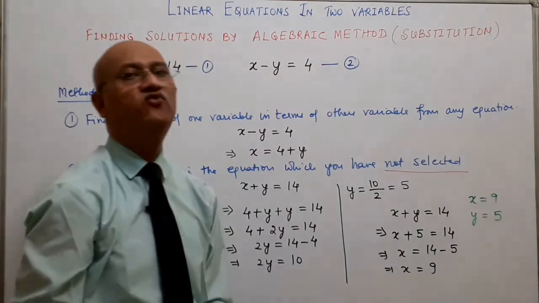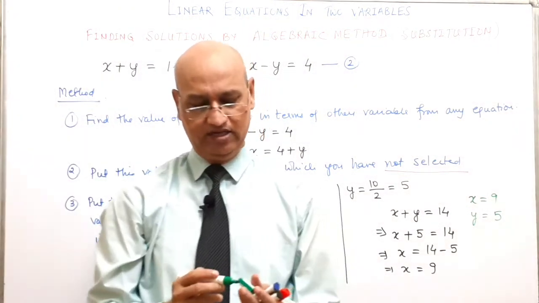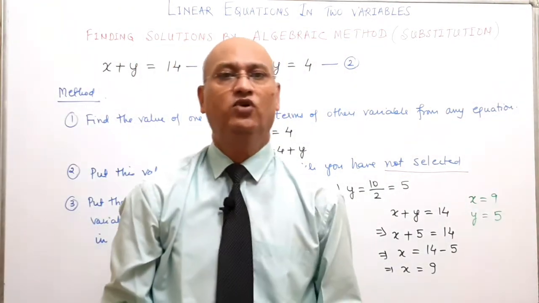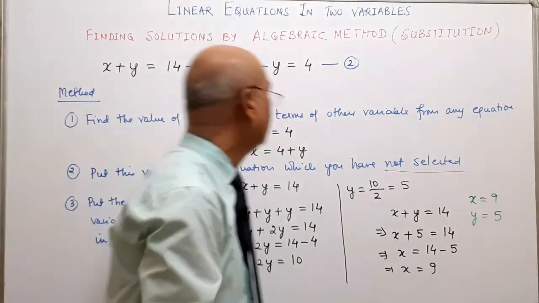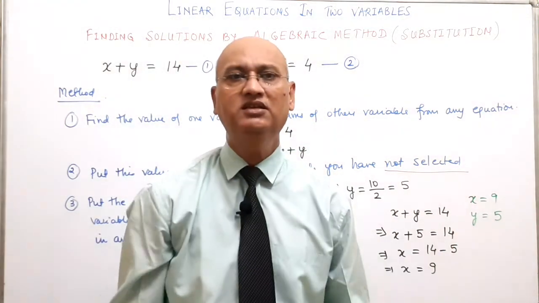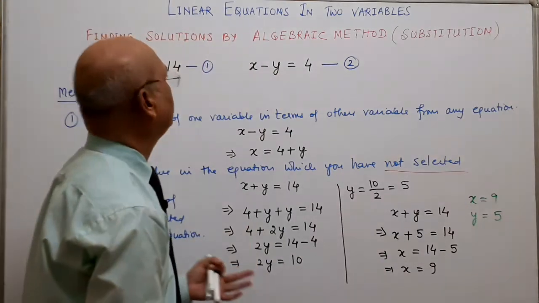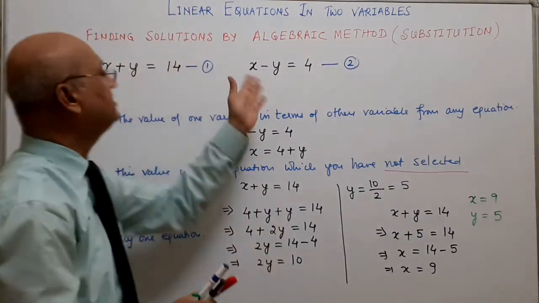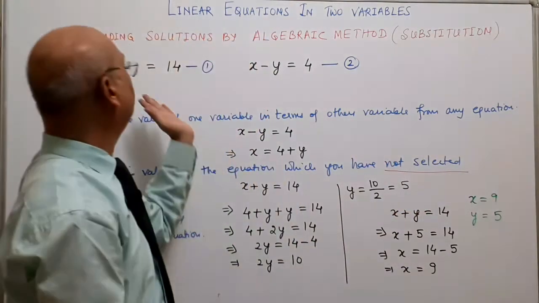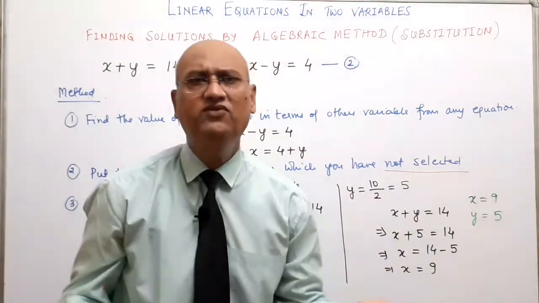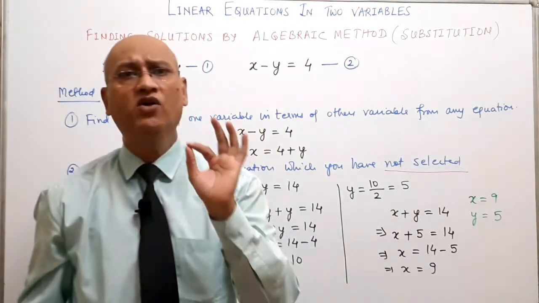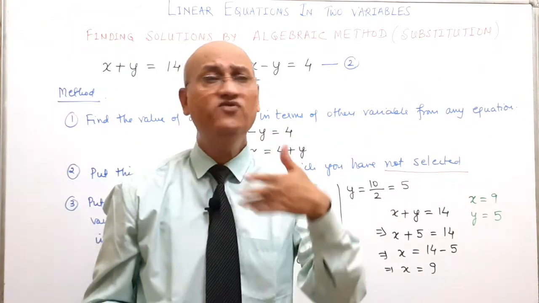This is the final solution for the equations we have in two variables. Now once again I want to repeat the things in short. Two equations are given to you, and of the two equations you select any one. You find the value of one variable in terms of the other variable.